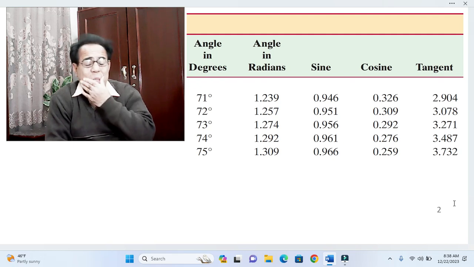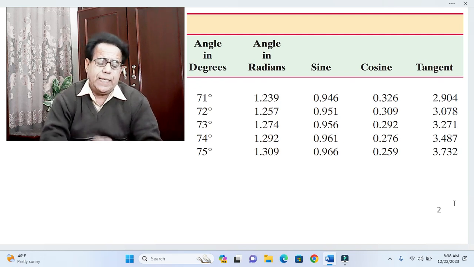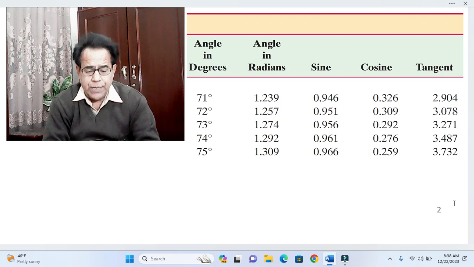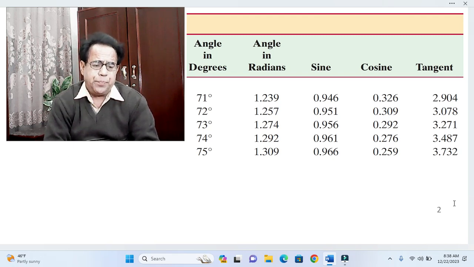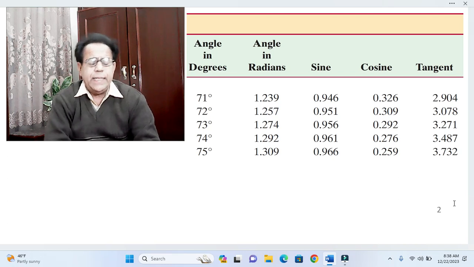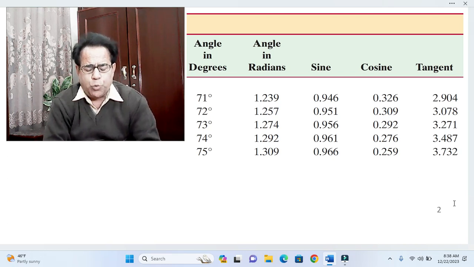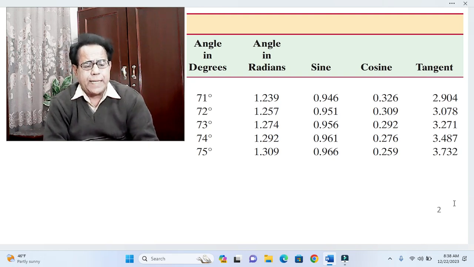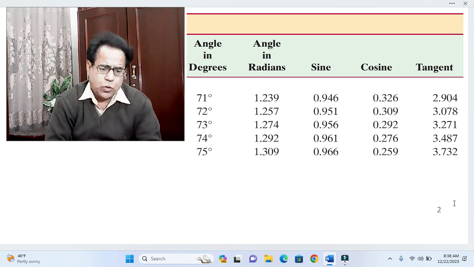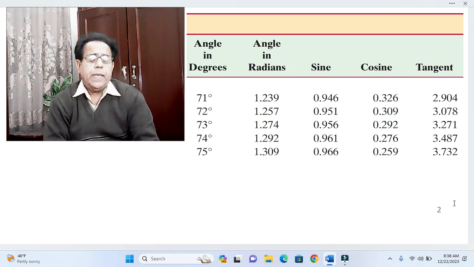A circle is divided in 4 quadrants. The first quadrant is from angle 0 to 90, where both x and y components are positive. The second quadrant is from 90 to 180, where x is negative while y is positive.